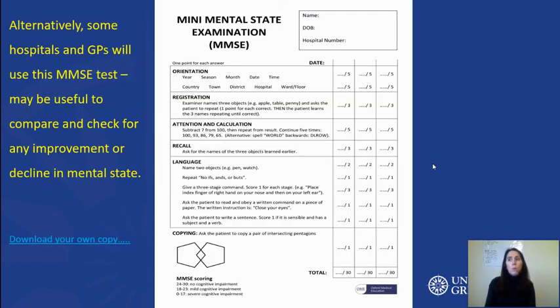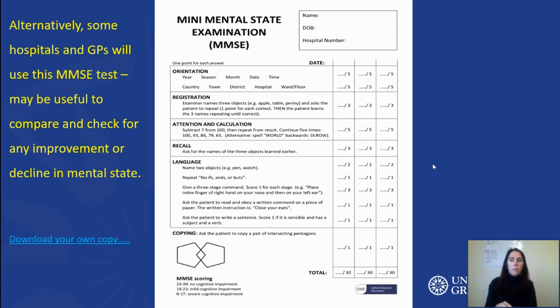There is another more complicated test. This is used in hospitals and GP surgery, but you can use it if you want. I've put a link there for you to download this if you want to. And this is basically separating the mini mental test into different areas. So orientation, registration, attention and calculation, recall and language.